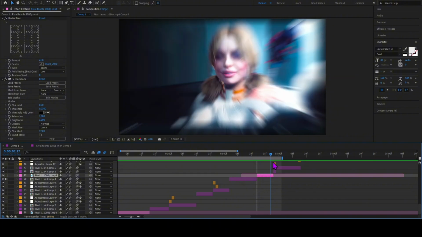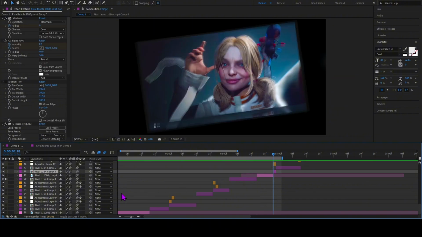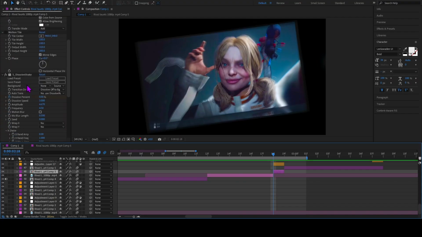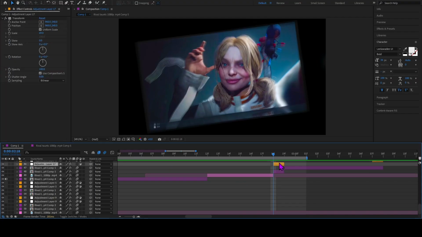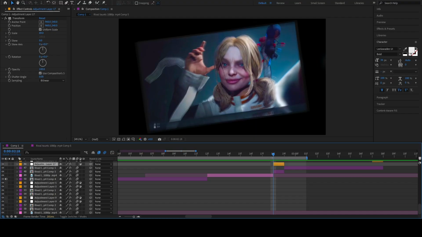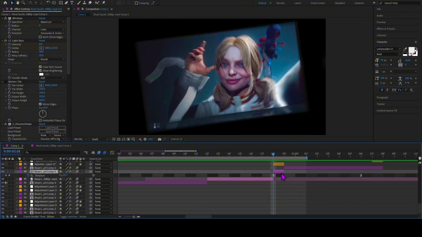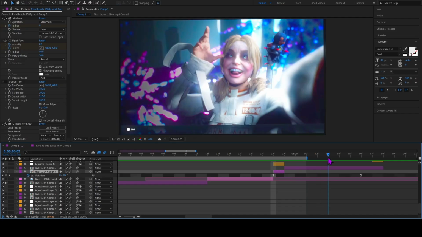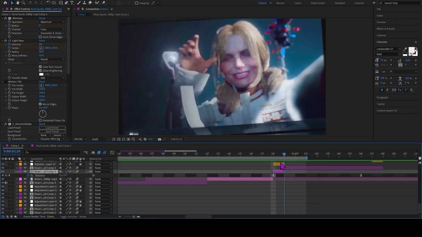Nothing crazy. Oh, and then here, this is like a little one framer. Basically, you could either add transform to this, or you could split the clip. Either one doesn't matter, but basically for one frame, you would zoom out like that, and then for me, I put a rotation, so it gives it more impact.